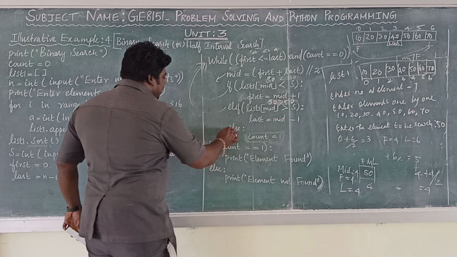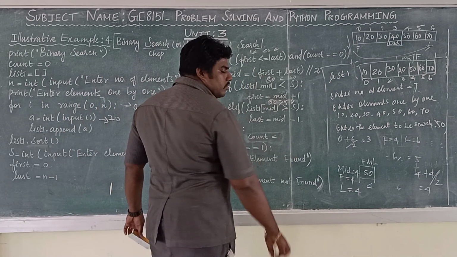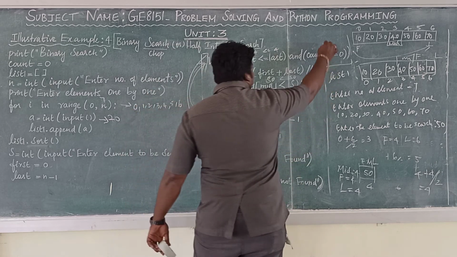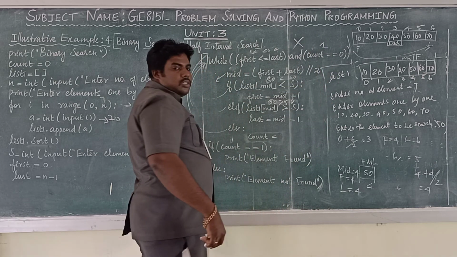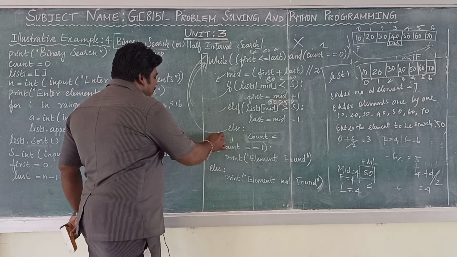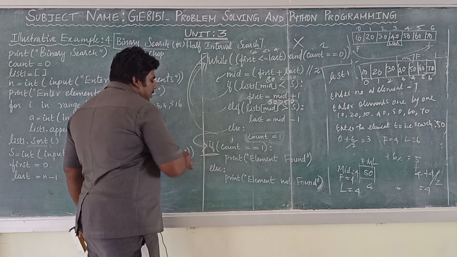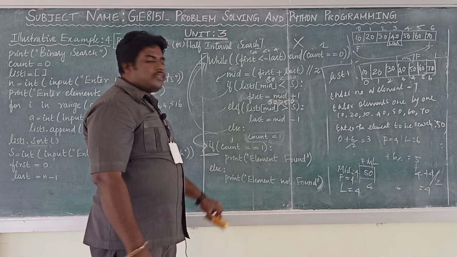Now after checking this, it will go to the while loop. Now first and last is 4. What is count? Count value is 1. Here AND operator, so condition is false. So once the while condition is false, it will come out of the while loop and this if statement will be executed. If count equal to 1, element found.